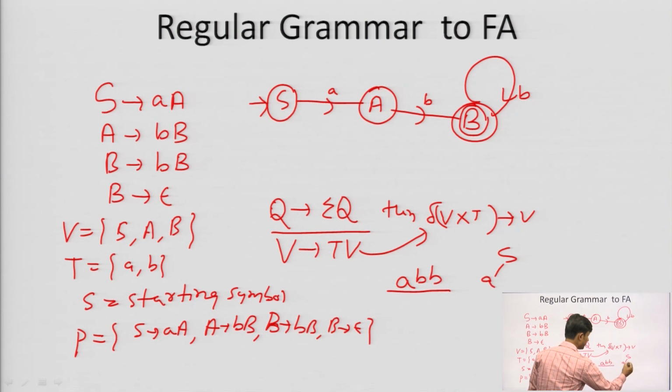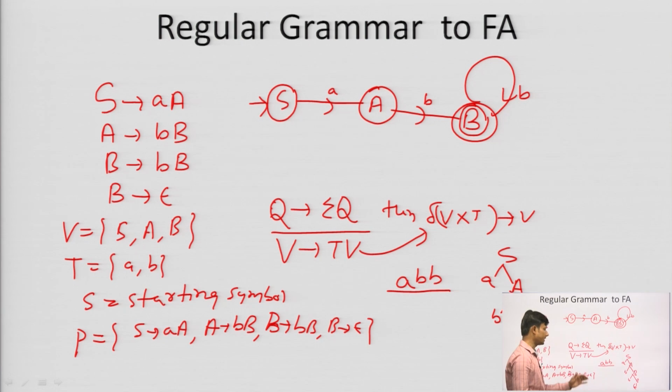S to A, then A to B, then B to B, this is b, and B to epsilon. This grammar derived abb. So, how is this abb accepted by the diagram of the finite automata?